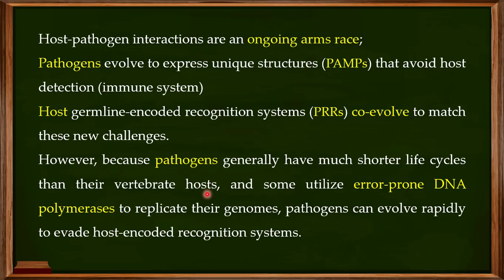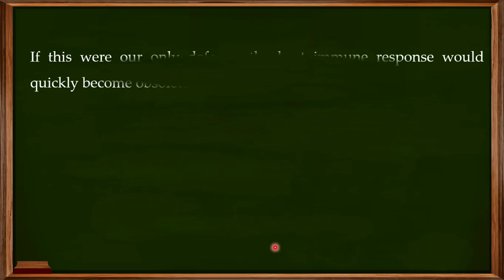For example, if you talk about bacteria and human beings, the bacteria have very short life cycles, and some utilize error-prone DNA polymerase to replicate their genomes. What this means is that the pathogens evolve rapidly to evade the host-encoded recognition system. So evolution is much quicker in these pathogens because of their shorter life cycles. They evolve much more quickly compared to their host.